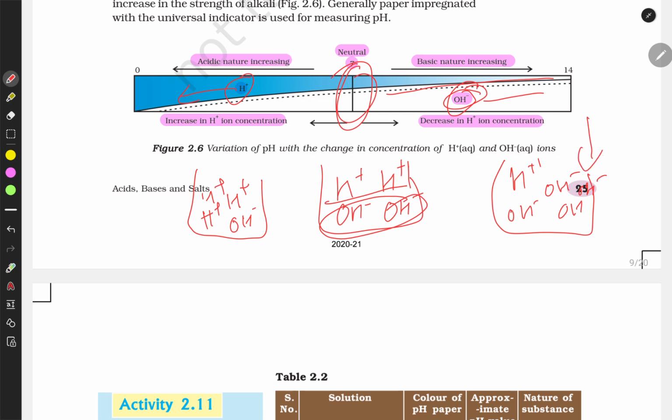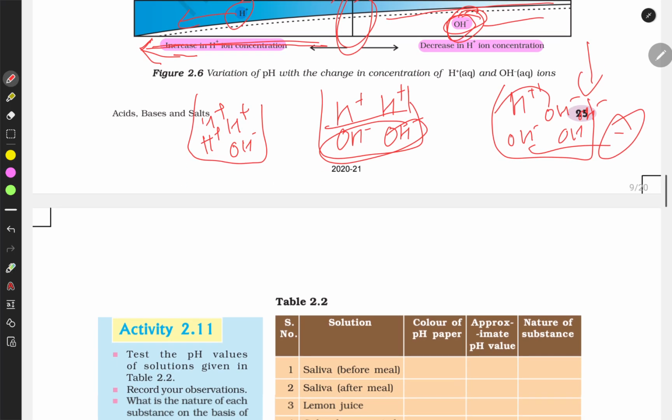These solutions are called basic. The more the concentration of OH ion in comparison to hydrogen ion, the more basic it will be. If the concentration of hydrogen ion increases, pH is reduced, and the more OH ion increases, the more basic the character will be.